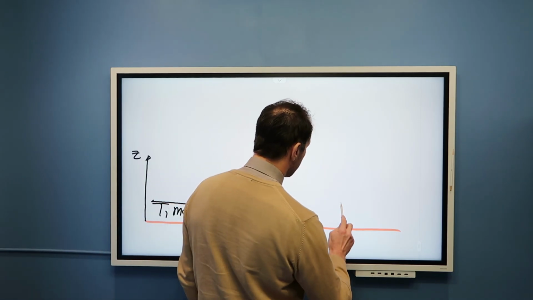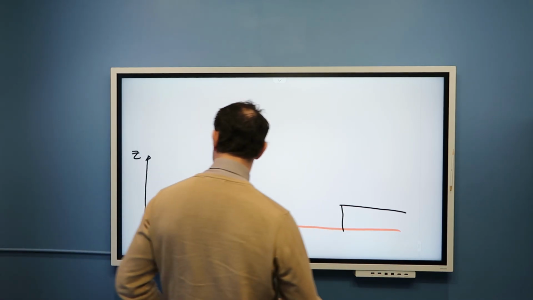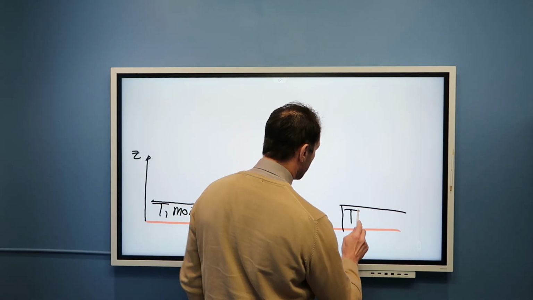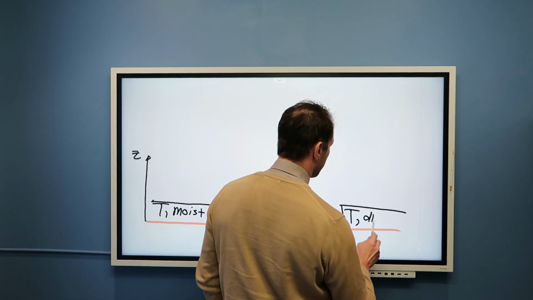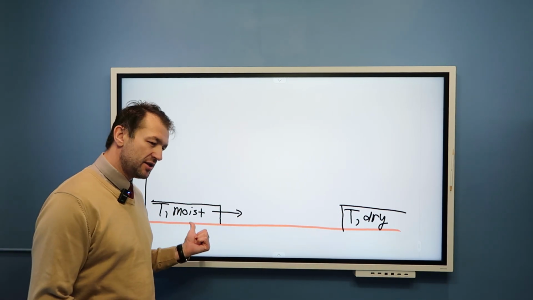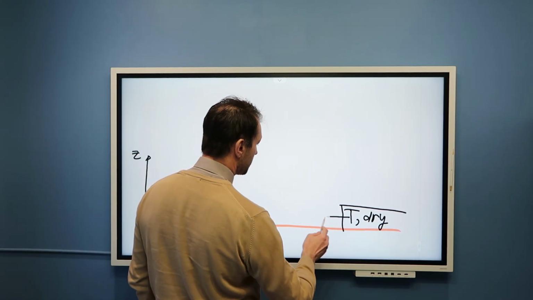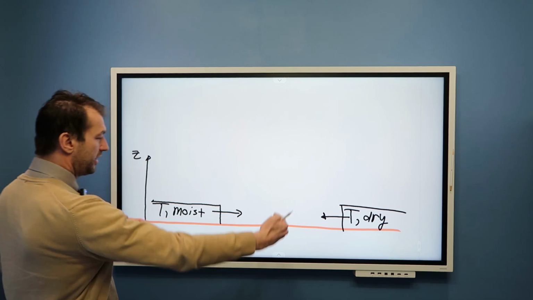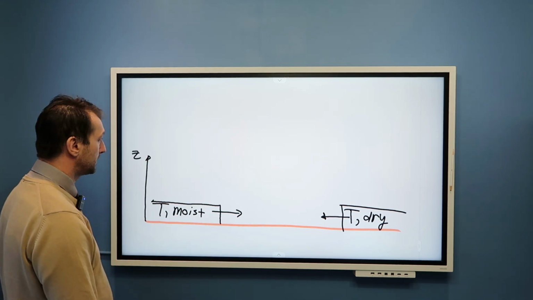And there is another parcel of air of the same size, imagine these are the same sizes, that also has temperature T, same temperatures, but this one is dry. Or you could say less moist than this moist one. And this parcel of air is moving in this direction. So clearly they will collide. When they collide, what will happen?